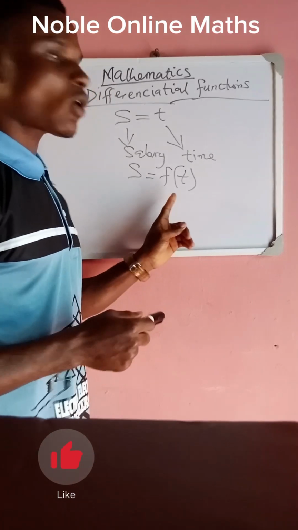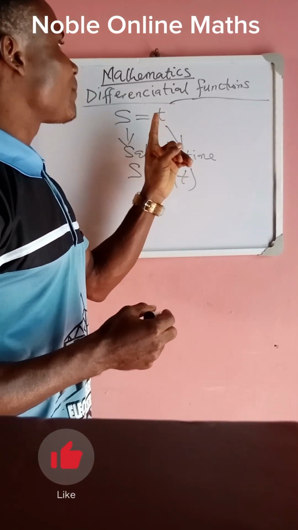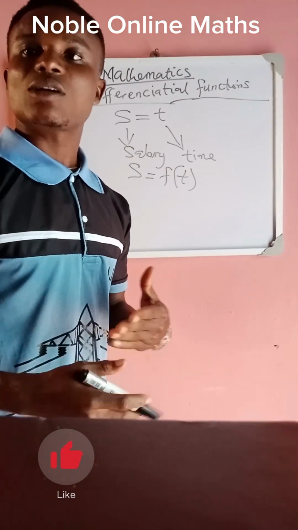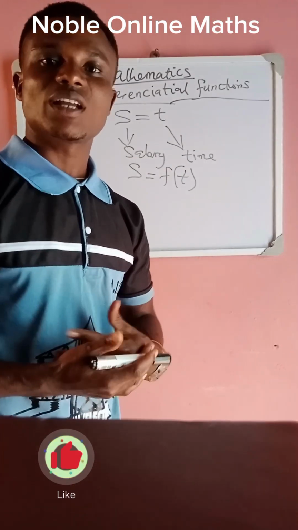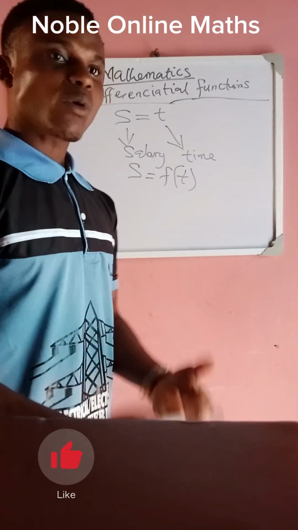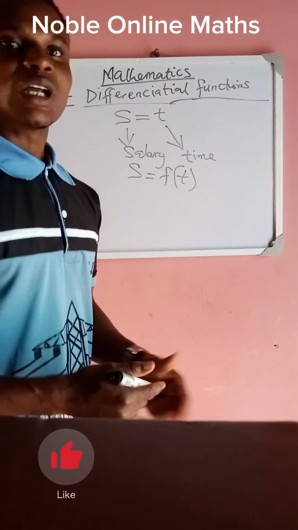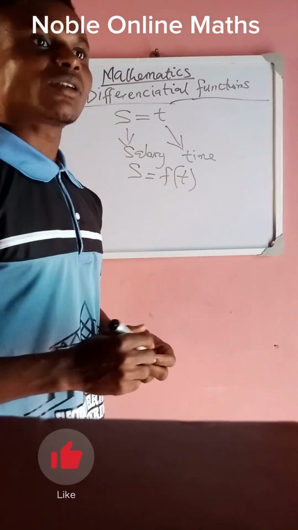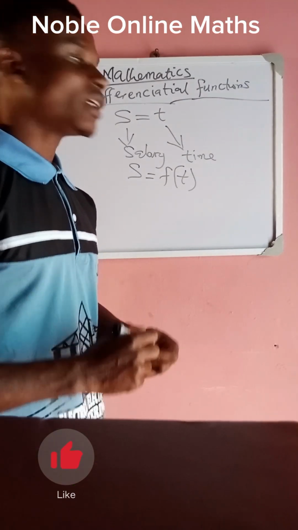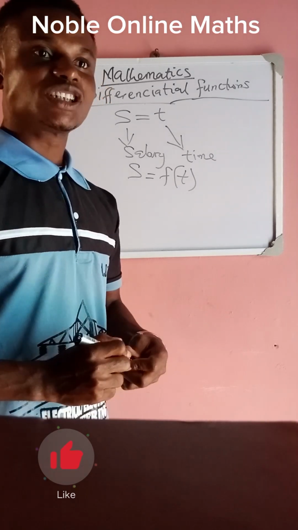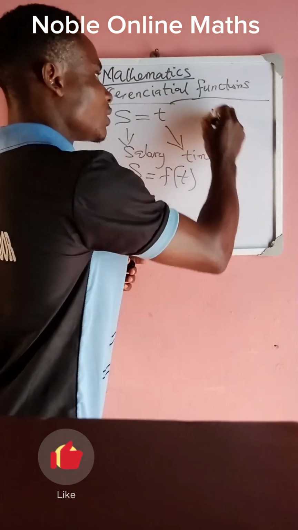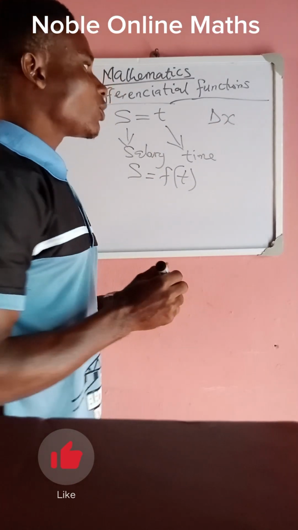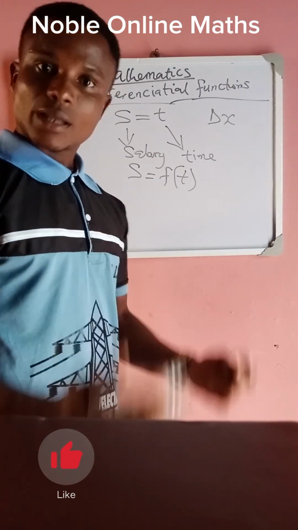So the changes that occur in those commodities in the market, and all the changes that occur in our everyday operation, are what we call differentiation. And how do we denote differentiation? We denote it by the change in x. We can call it dx, or change in x, or delta x.